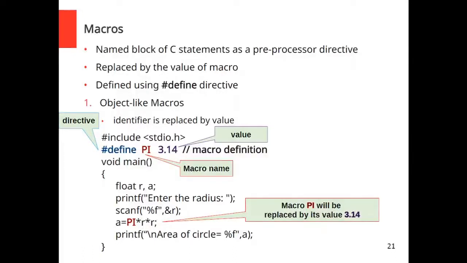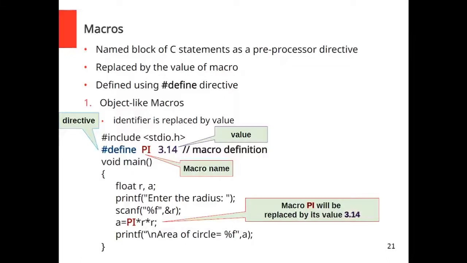So what will happen during the compilation and execution? When this program is passed through the compiler, before reaching the compiler stage, it first goes to the preprocessor stage.